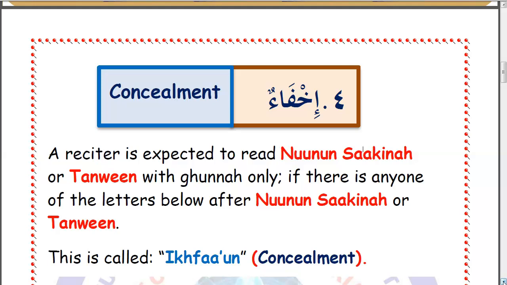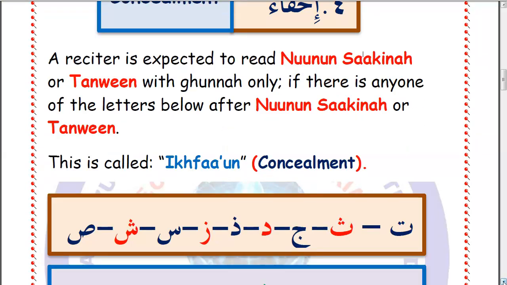That is how you apply the rule of Ikhfaa. Ikhfaa is only asking you, apply Gunna to your Nun Sakina and Tanween when you see me after Nun Sakina or Tanween.